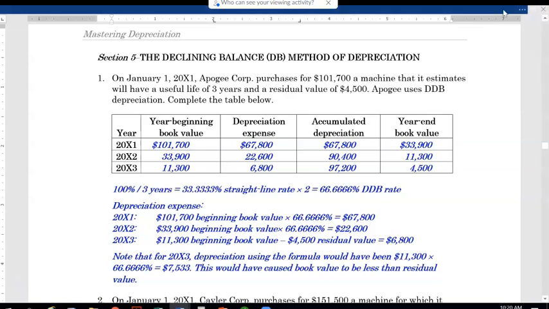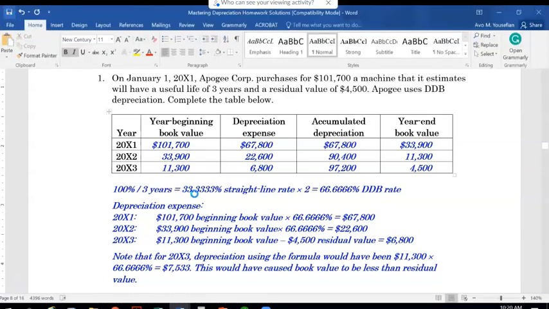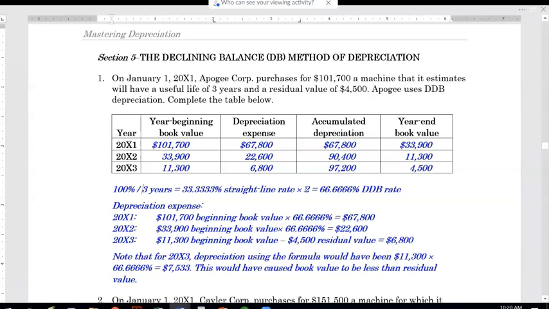That gives me 33.33%. But because I want to do double declining, I will multiply it by 2. If I want to do 150% declining, then I will multiply by 1.5. If I want to do 125% declining, then I do 1.25.